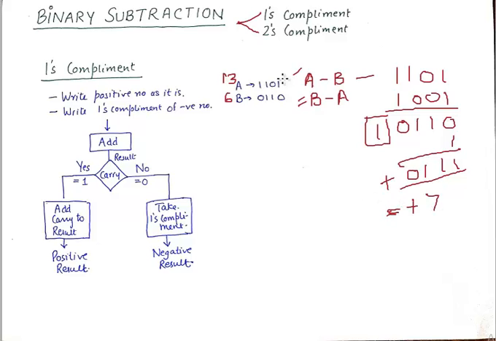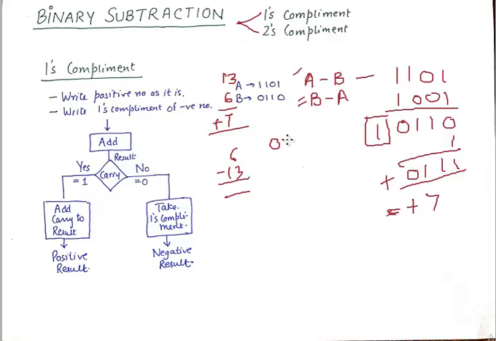And by the way, we could have gotten 13 minus 6 as plus 7. On the contrary, if we take up case 2, that would be 6 minus 13. In this case, we write B as our first positive number, as it is.